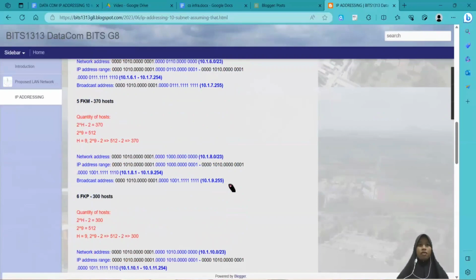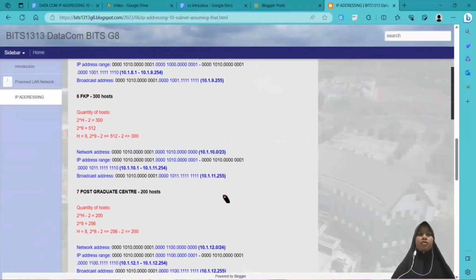And the fifth one is FKM with 370 hosts. The bits borrowed is 9. Network address is 10.1.8.0. The IP address range is from 10.1.8.1 until 10.1.9.254. And the broadcast address is 10.1.9.255. Next, FKP with 300 hosts.